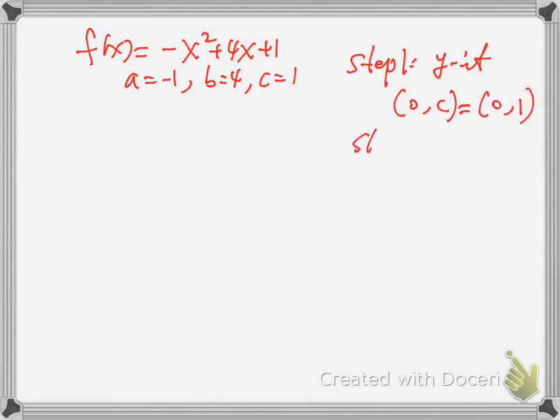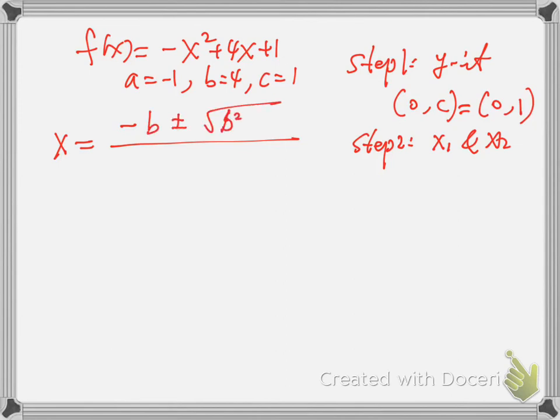And step 2, you can use the quadratic formula to find x1 and x2, because nobody can factor it, you can try. Product 1, sum 4. That's impossible. So x is negative b plus minus the square root of b squared minus 4ac, divided by 2a.